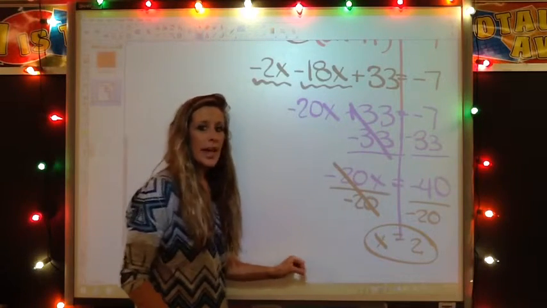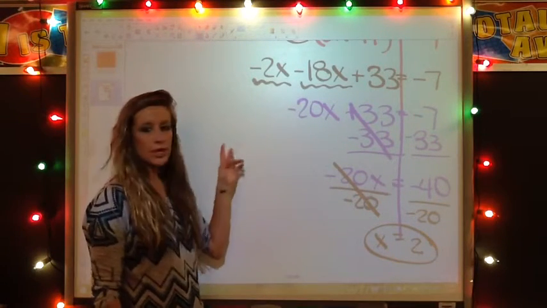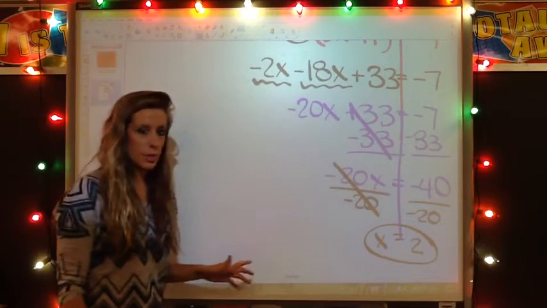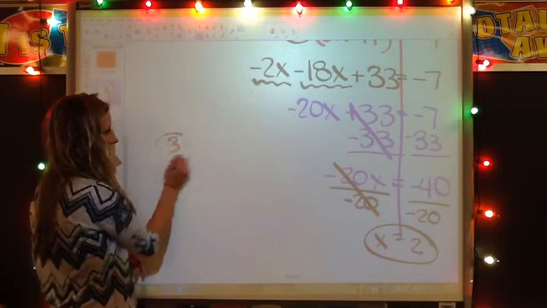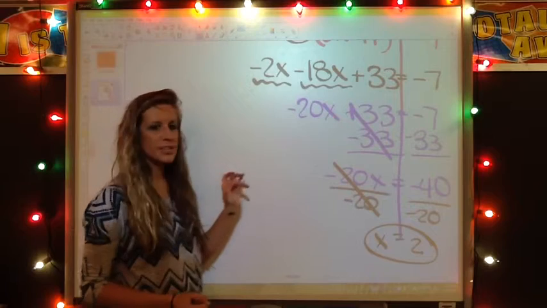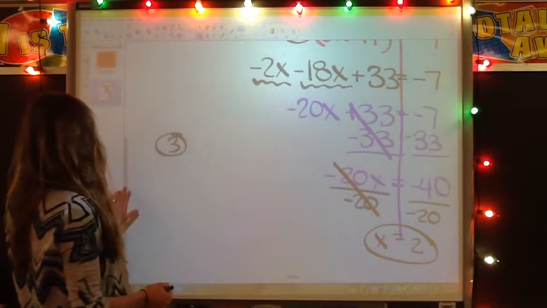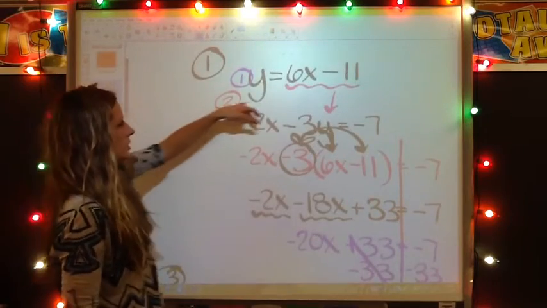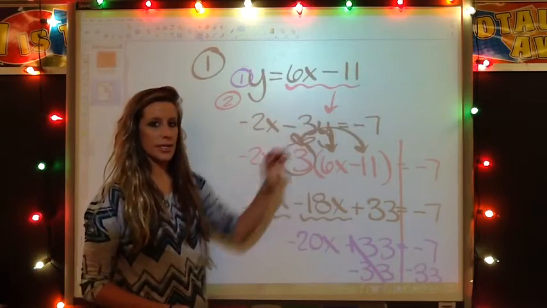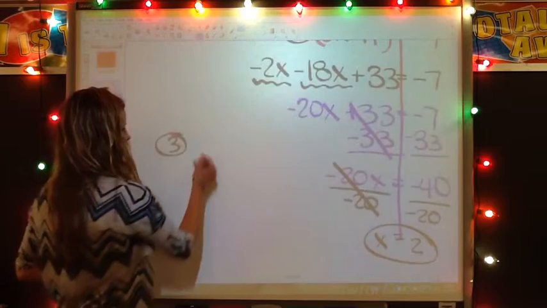Now, your very last step is to plug it into one of your equations. It doesn't matter which one. So third step, I would use the equation that you got in your first step. It's going to be a lot easier. So, first step was this y equals 6x minus 11. We're going to use that one.